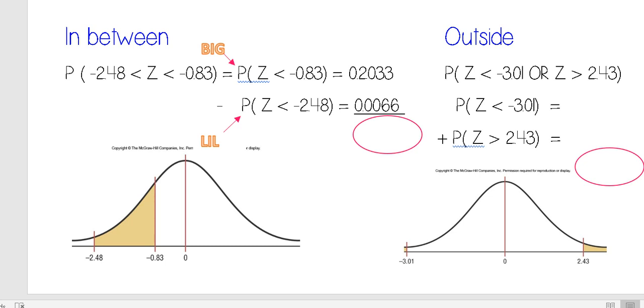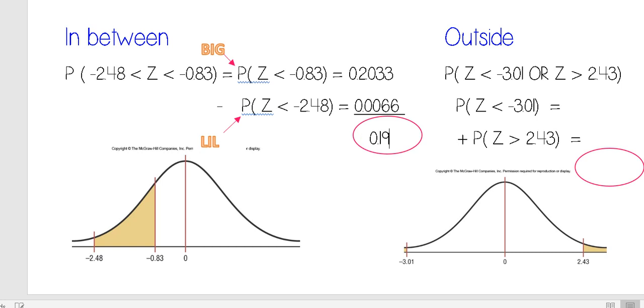And so the difference of 0.2033 minus 0.0066 is 0.1967. You can pause and confirm if you would like.